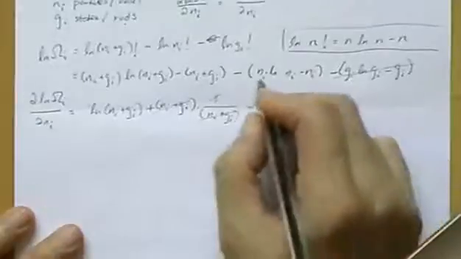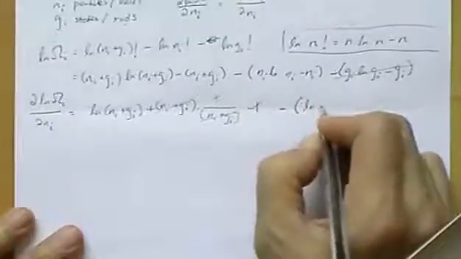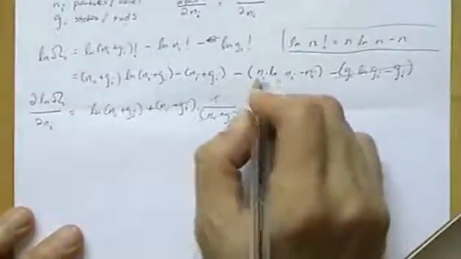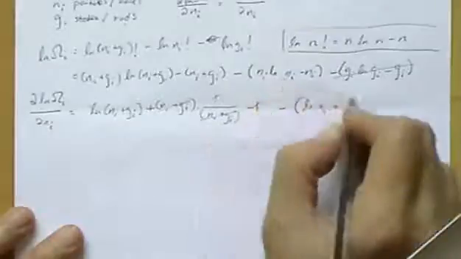And likewise, when we carry this through, we differentiate that, get log ni, plus differentiate that, you get ni times 1 over ni, differentiate that, you get 1.